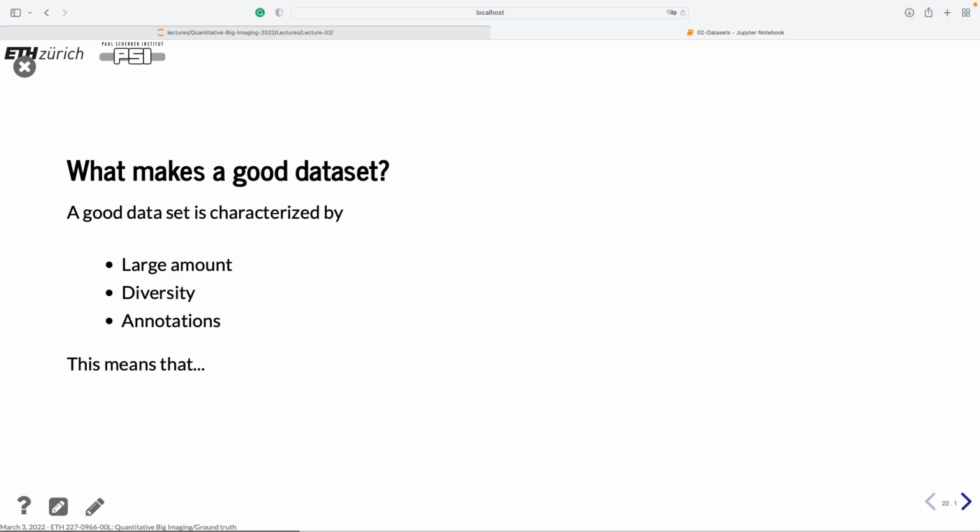You need data that represent all things that can happen within the data, and in particular, the things you want to detect and identify. Finally, very important, annotations. You have to tell this image contains this and that, or these regions correspond to this and that. That is very important because otherwise it's just data. No one knows what it actually is.